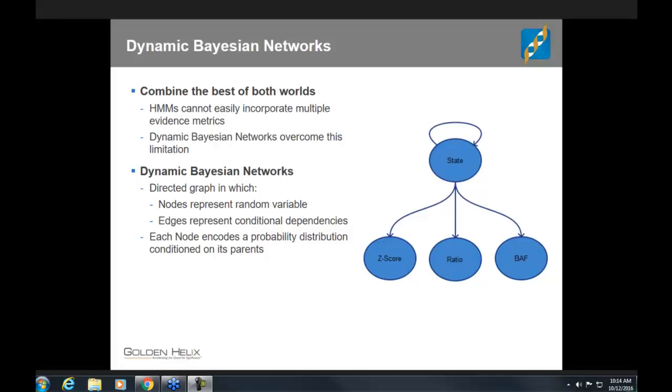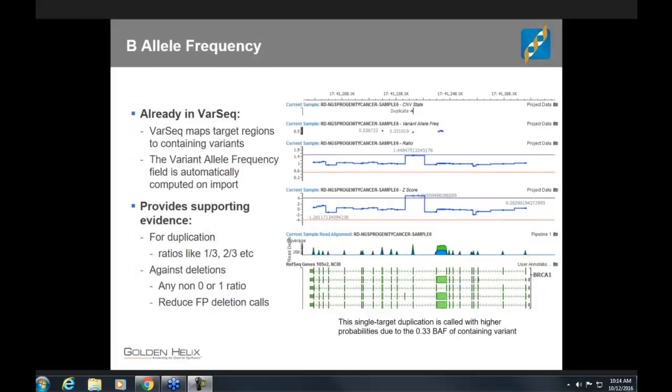And then finally, we incorporate B allele frequency as evidence in our network as well. B allele frequency is particularly useful because it can provide us both evidence for duplications as well as evidence against deletions. And Varseek already computes this information, and so we already have it readily available to us.